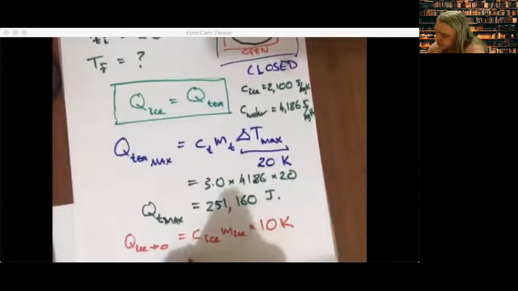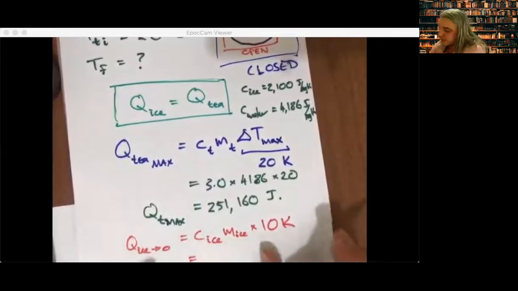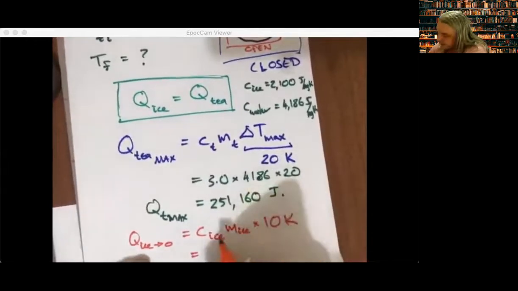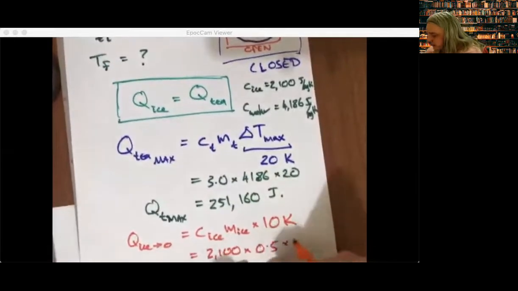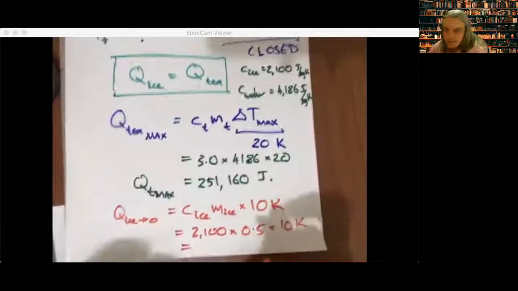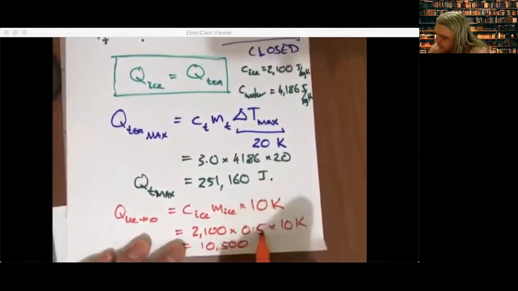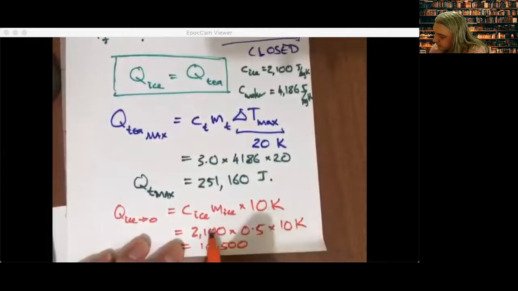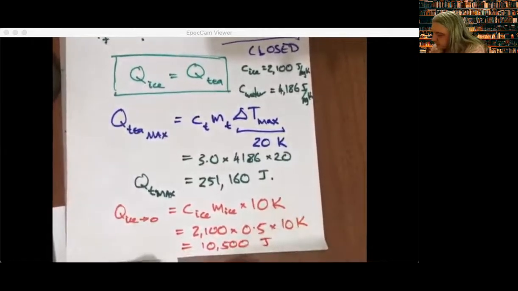So that's our energy required to heat the ice up to 0 degrees Celsius, to its melting point. So that is 2,100 times half a kilo times 10 Kelvin, which is equal to 10,500. You can do this one in your head probably. Half of that is 1,050 times 10, 10,500 joules.